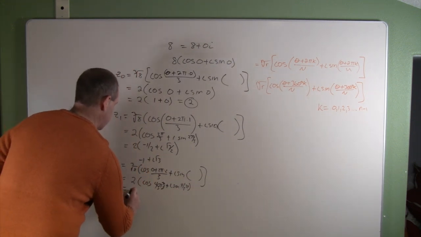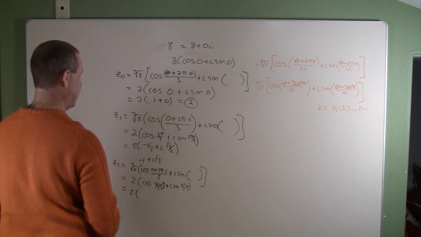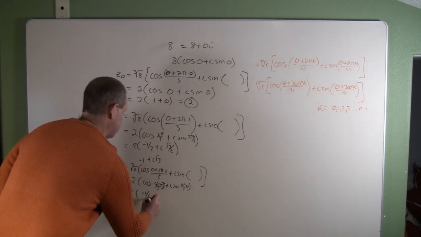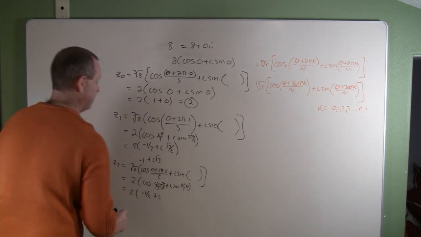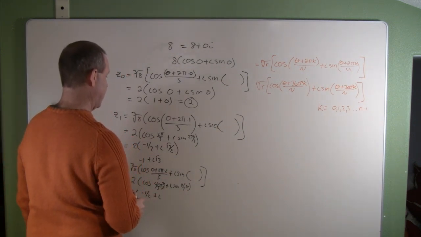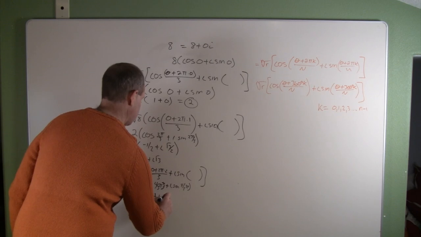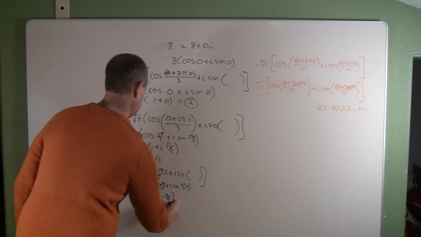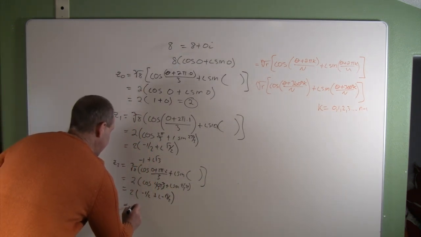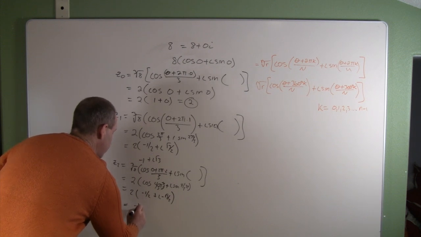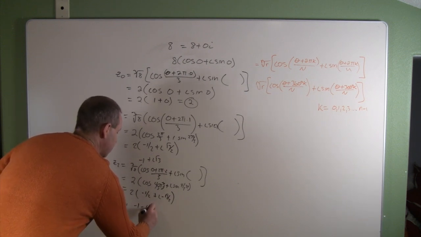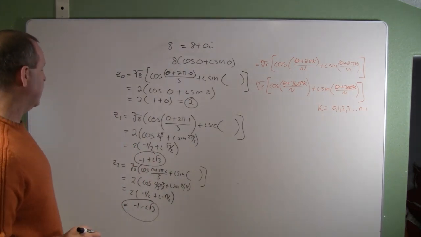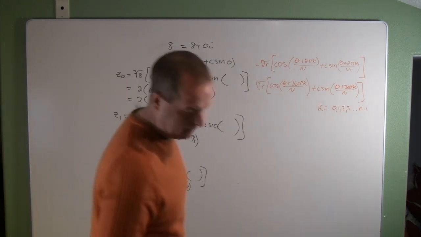Reduce that down, that's 2 times the cosine of 4/3 pi. That's in the third quadrant, so it's negative, negative 1/2, plus i sine of 4/3 pi, which is negative root 3 over 2. Multiply through by 2, and that gives me negative 1 minus i root 3. So there are my 3 distinct roots.